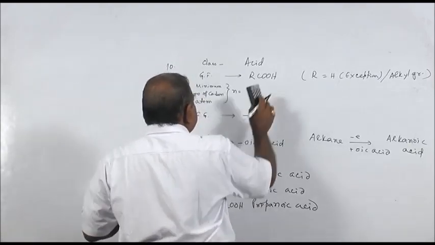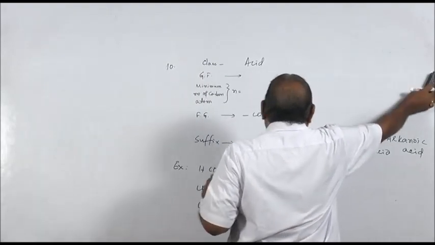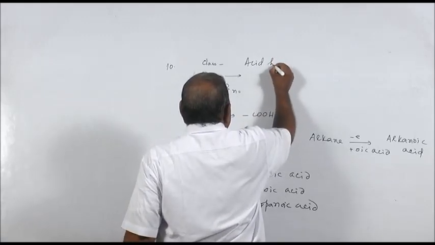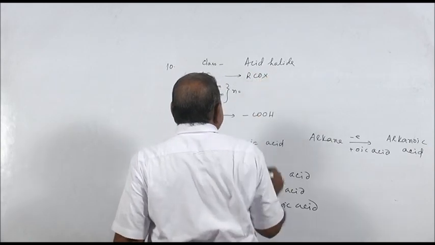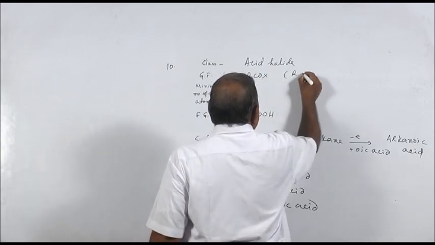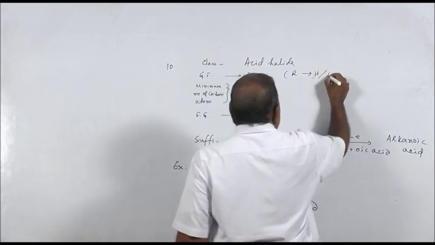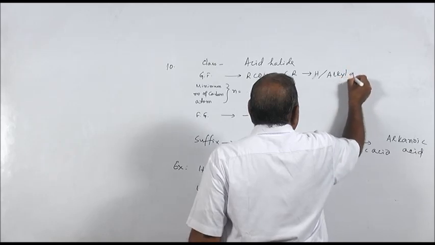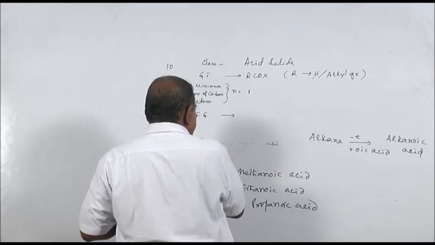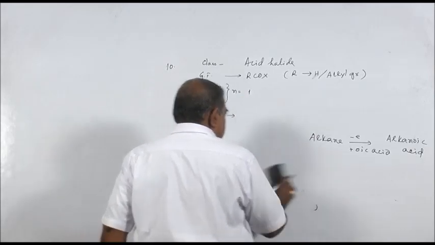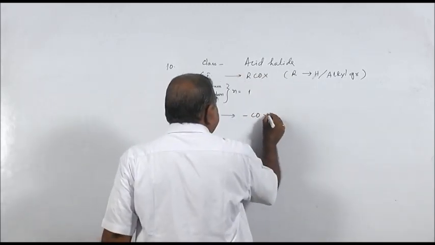The 10th one is acid halide. The general formula is RCOX, where R may be hydrogen, because the original acid contains hydrogen, or an alkyl group. The minimum number of carbon atoms is 1, and the functional group is COX.